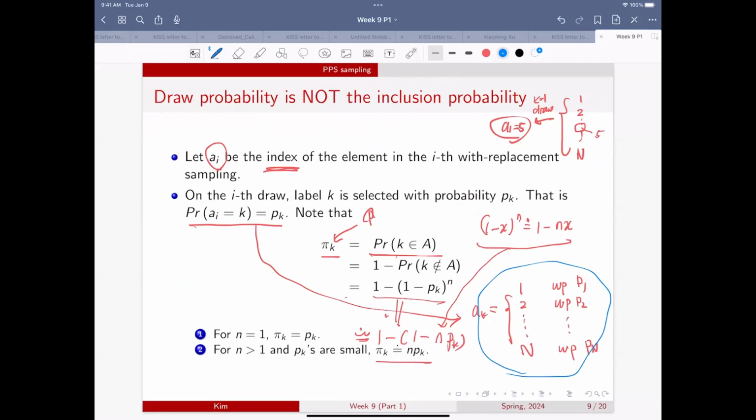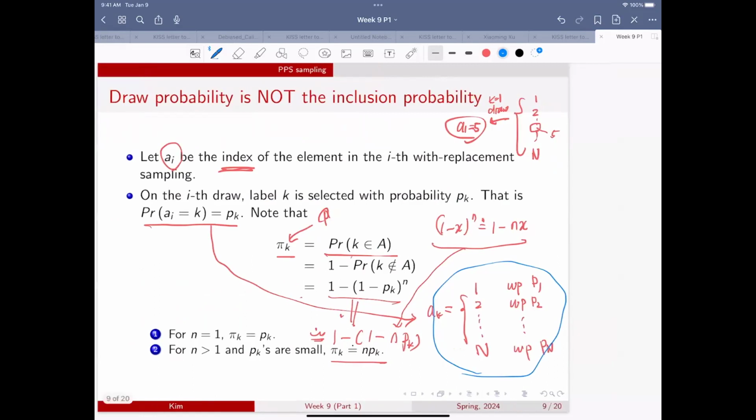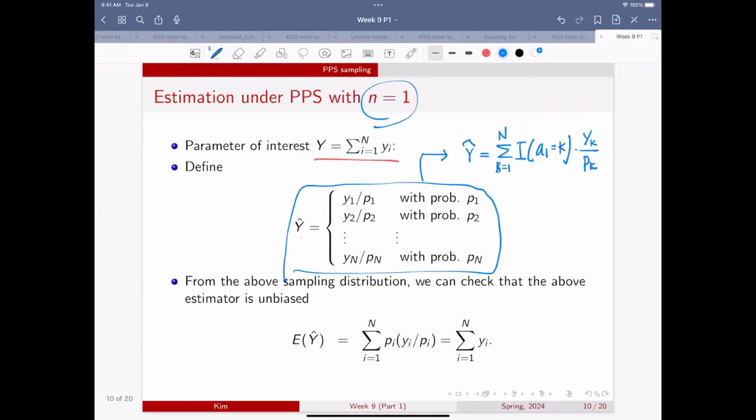First A1 equal to either 1, 2 through N. So this is basically another way of writing. So A1 could be 1 or 2, right? So then at each event we just use this.